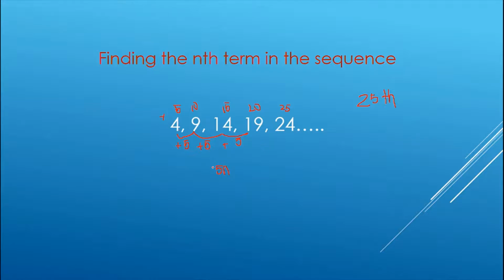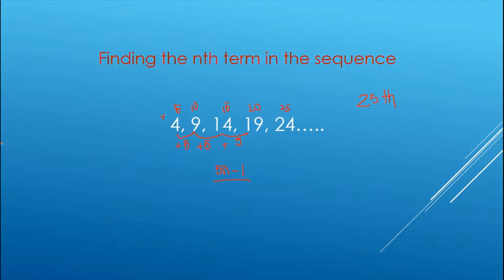Since we subtract 1 each time, our formula is 5n minus 1. And 5n minus 1 is now our formula to find the 25th term. But before we substitute and find the 25th term, let us first check whether our formula is correct.